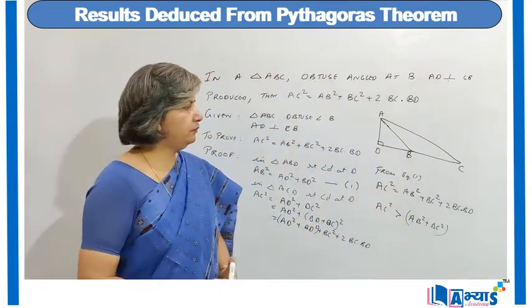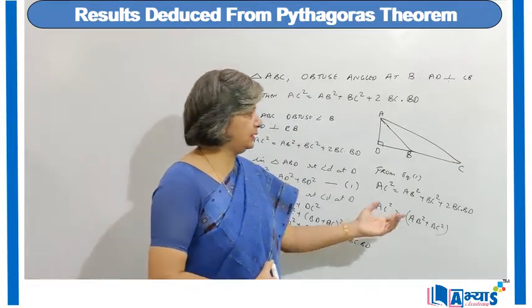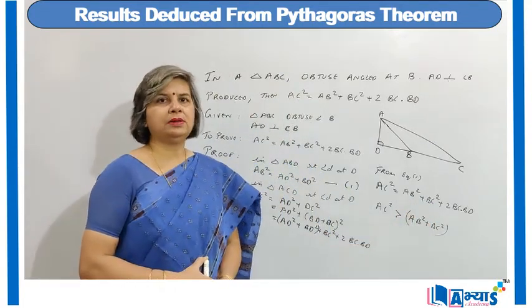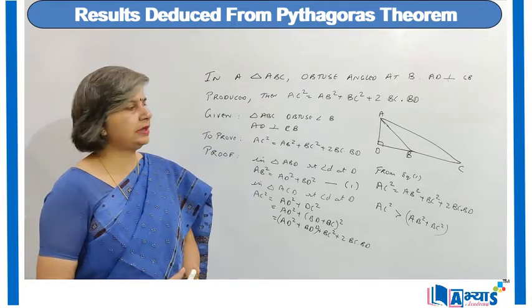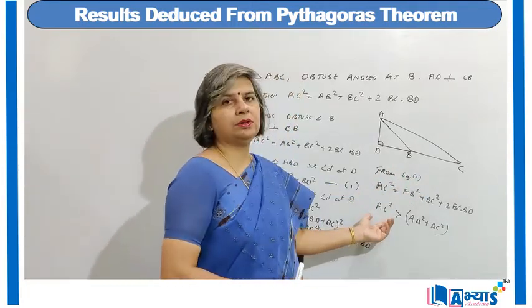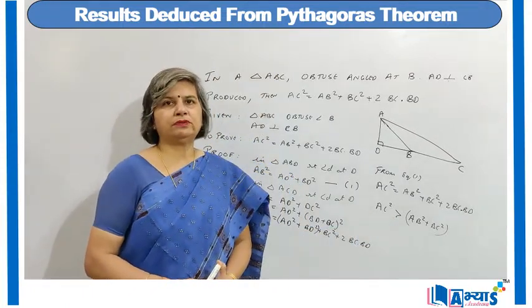So AC square is greater than the sum of the squares of the two sides. As in a right angle triangle, the square of the hypotenuse is equal to the sum of the squares of the two sides, but in an obtuse angle triangle, the square of the greater side is greater than the sum of the squares of the two sides.